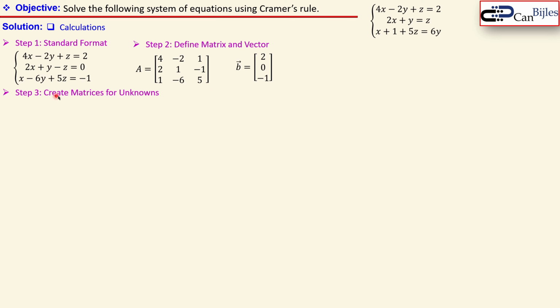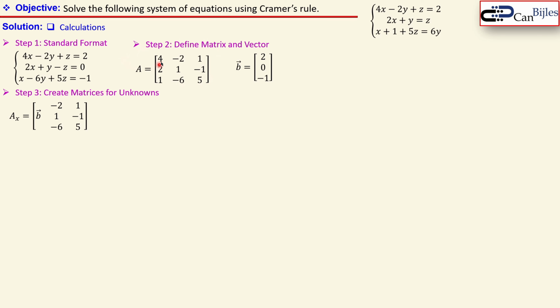Okay, now we have the necessary information to go to step 3. We need to create matrices for the unknowns. What does it mean? We need to determine all unknowns, so x, y, and z, so we will set up a matrix for each unknown. This is specifically the matrix for the unknown x. There is the matrix A already.